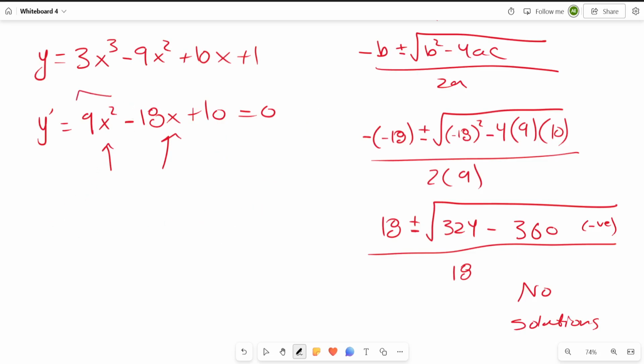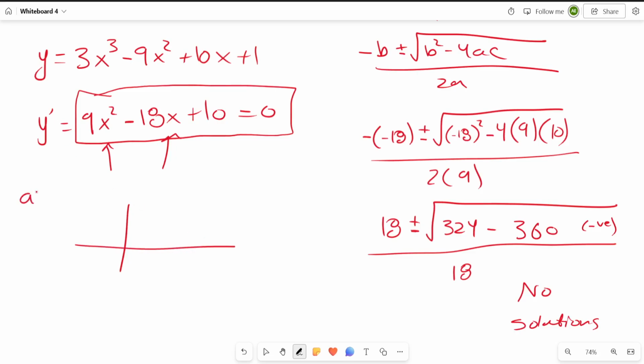So what I know is that this is a quadratic function. I know that I have no solutions, and I know that a is positive 9. It means that it opens upwards, and if it opens upwards, then it cannot start from under the x-axis, since then I would have two solutions. Since it opens upwards and I don't have a solution, my quadratic function should be something like this.